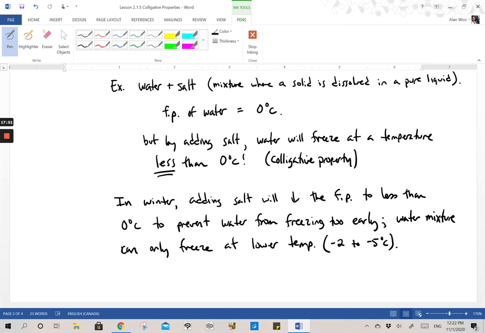So all in all, these are two examples of colligative properties.